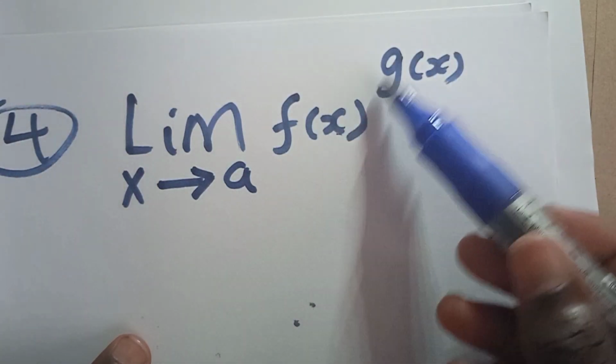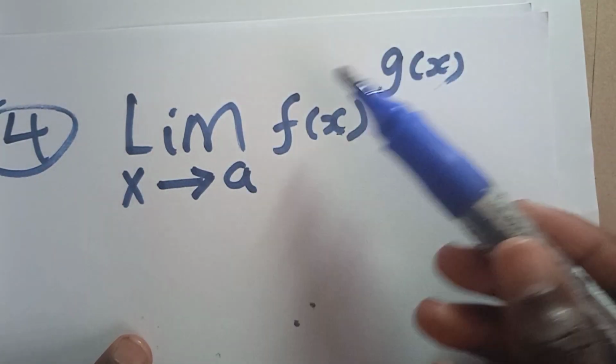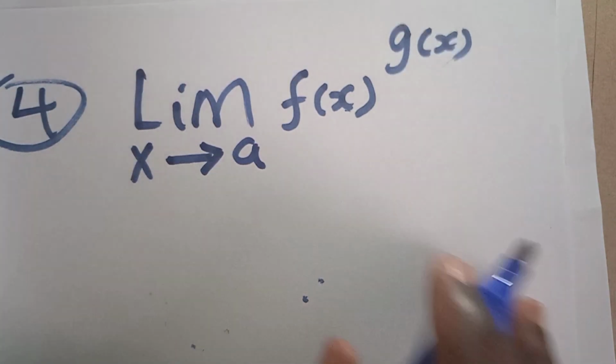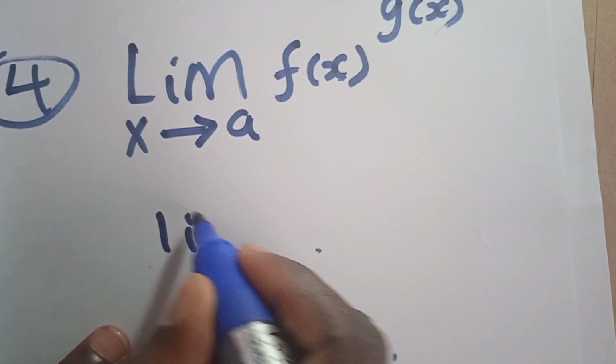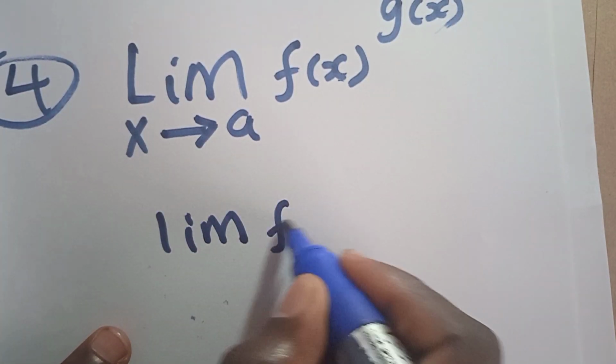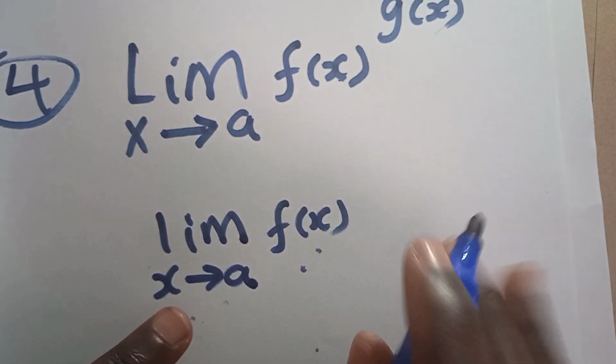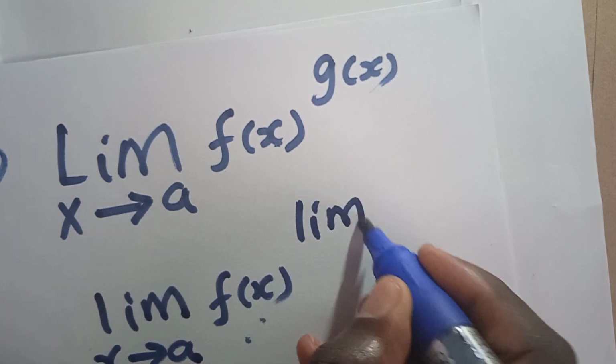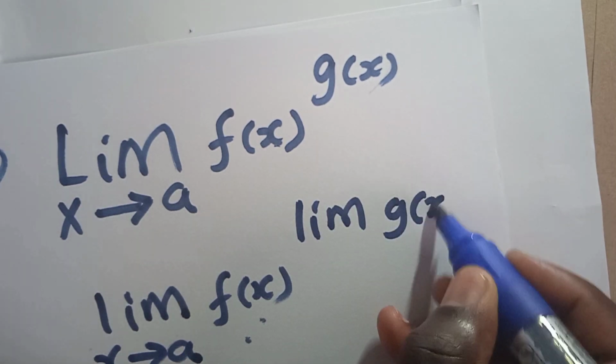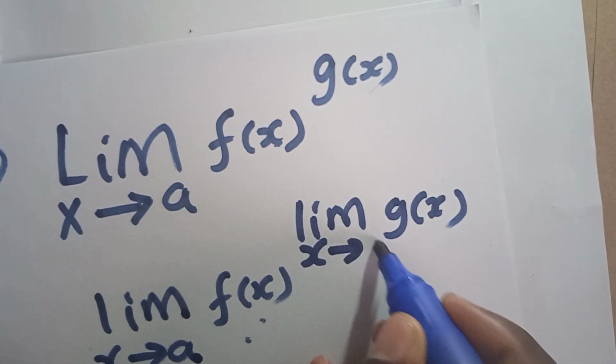Here you are having a power. In this case, again, it's the same thing. Just evaluate the limit of f of x as x tends to a, then we raise it to the limit of g of x as x tends to a.